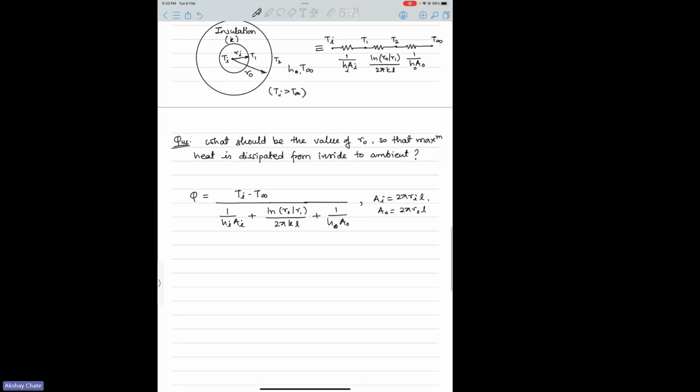So this is your governing equation for this radial heat conduction problem. Steady state, no heat generation.